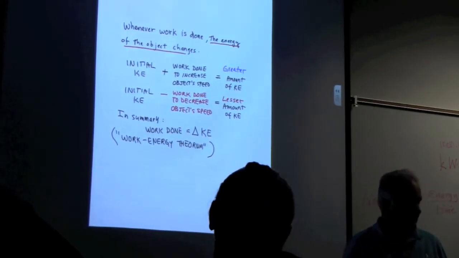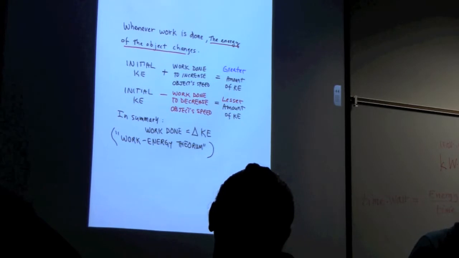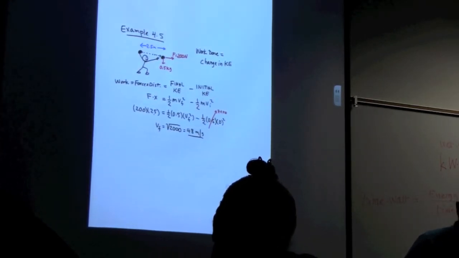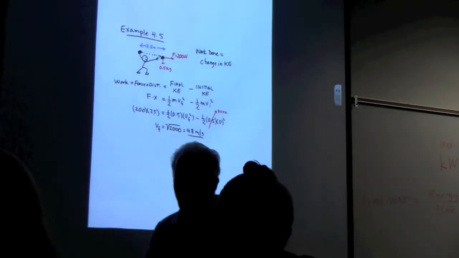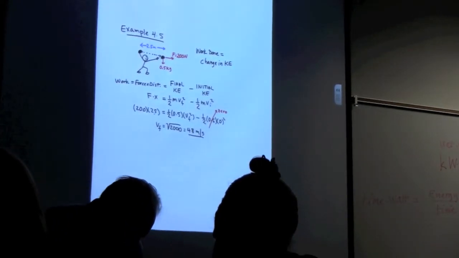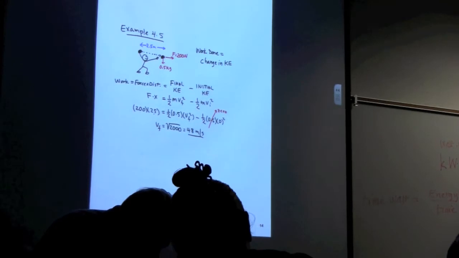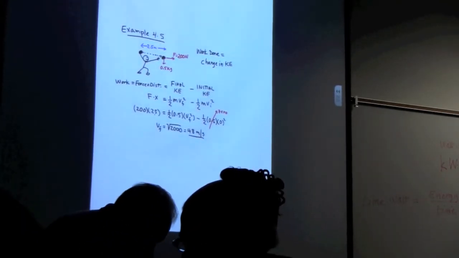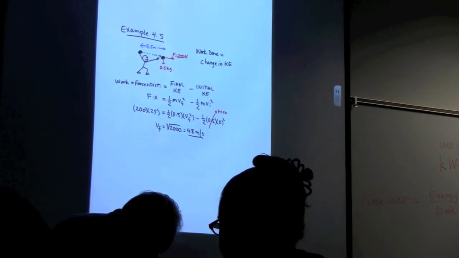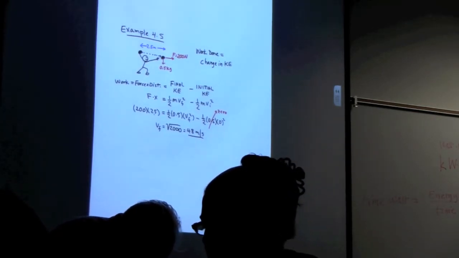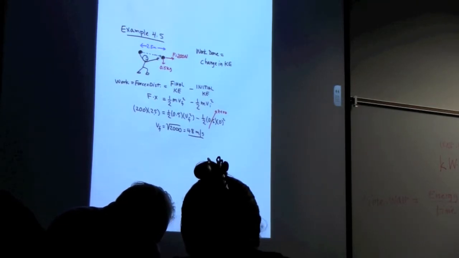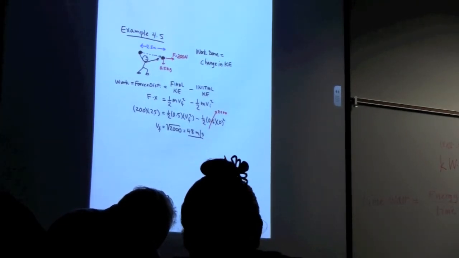All right, so now I've talked about all the energies, and your book does have an example, 4.5, where they combine the work formula and kinetic energy formula. Where is that? 4.5. It says, a pitcher throwing a fastball steps forward in the manner shown in the figure.